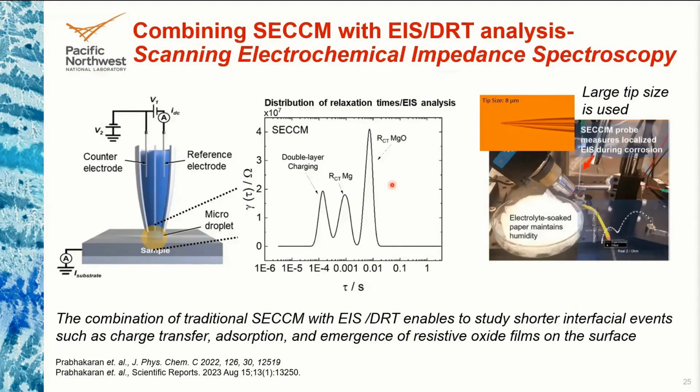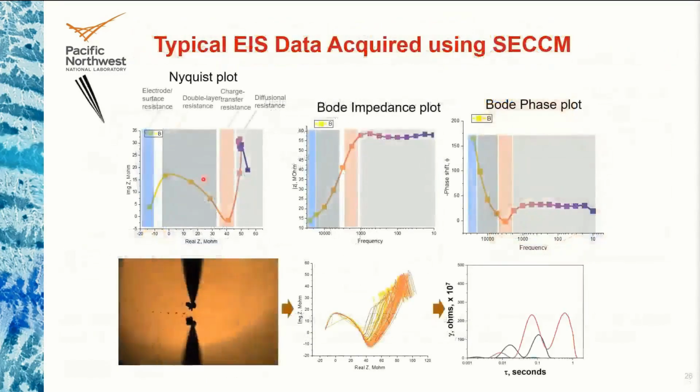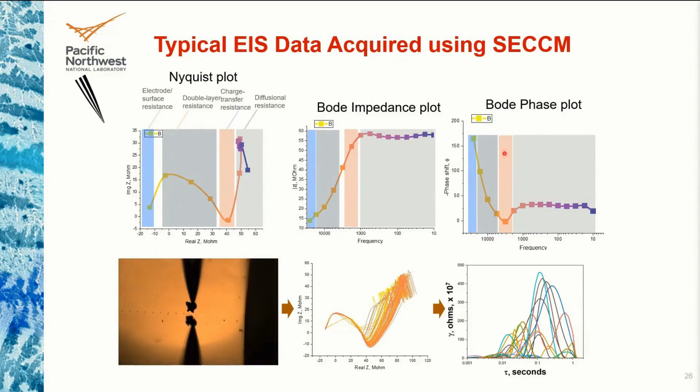So after we combine the SCCM with the EIS and DRT analysis, we apply it to study corrosion. So here are typical plots you can get at each point on the surface. You can get the Nyquist plot, or you can get the Bode impedance or Bode phase plot distribution.